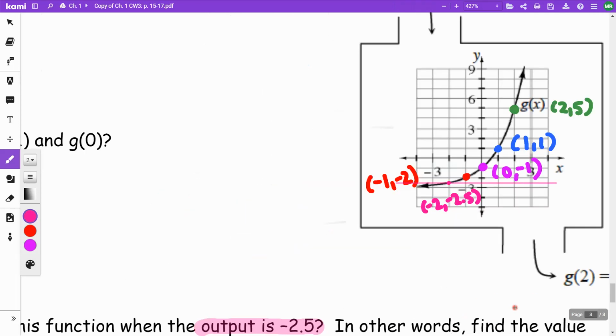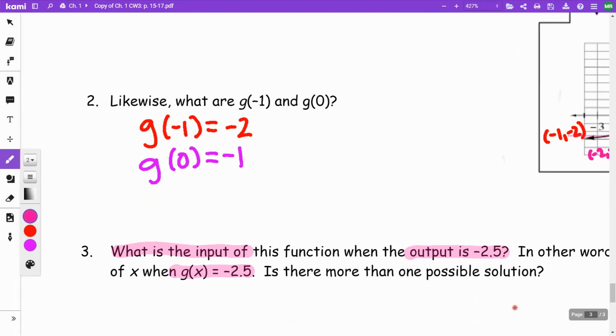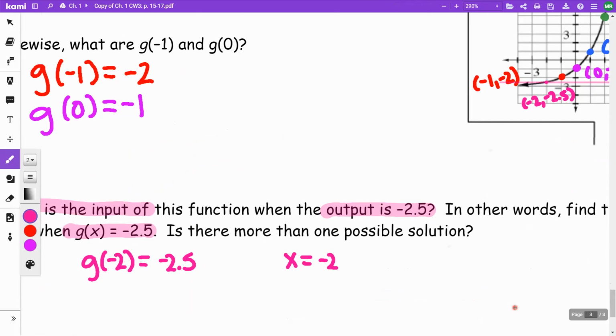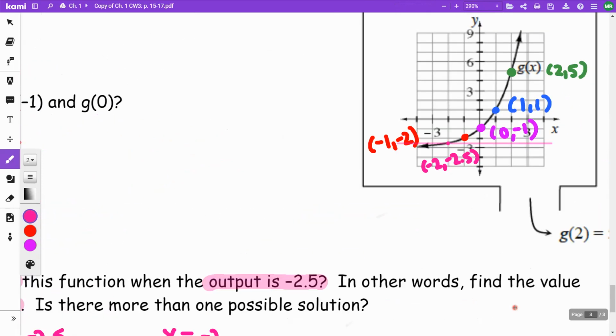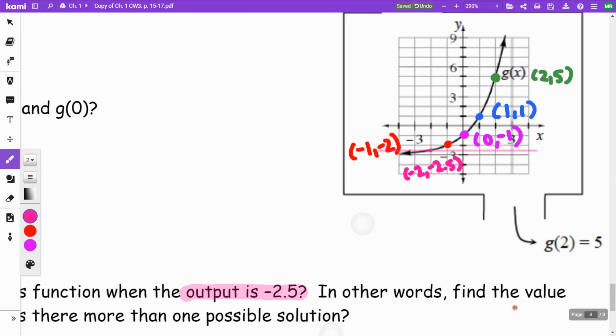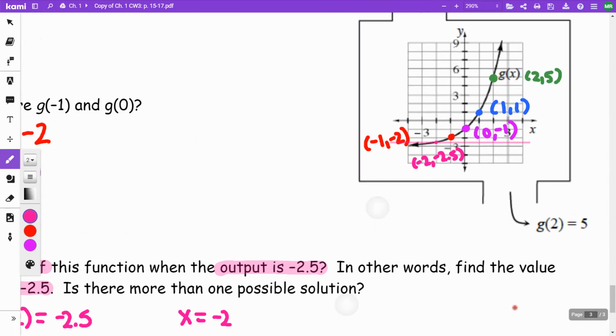So g of -2 gives me a -2.5. Basically, my x is a -2. Is there more than one possible solution? In this case, there's one solution, not more than one.